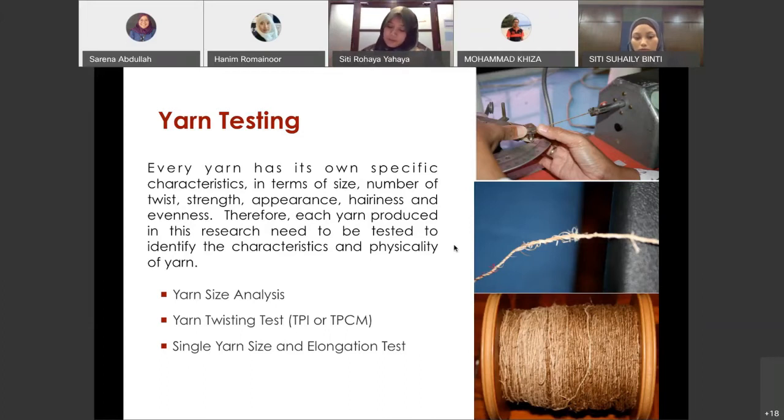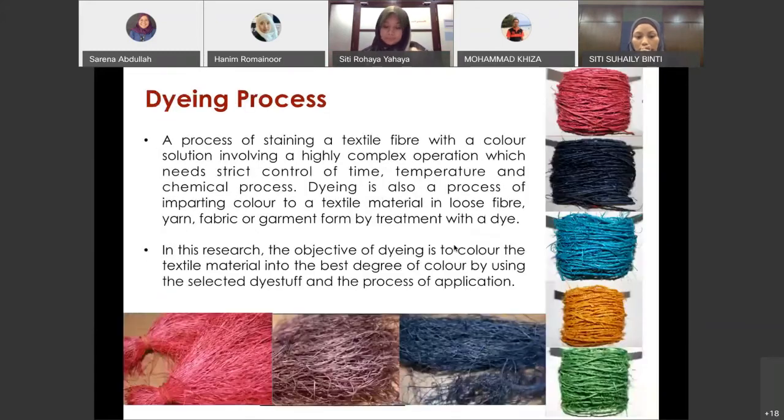Then we go for the dyeing process. We go for three types of dyeing process. First is fiber dyeing, second is yarn dyeing, and third is fabric dyeing. All three processes I've been through.